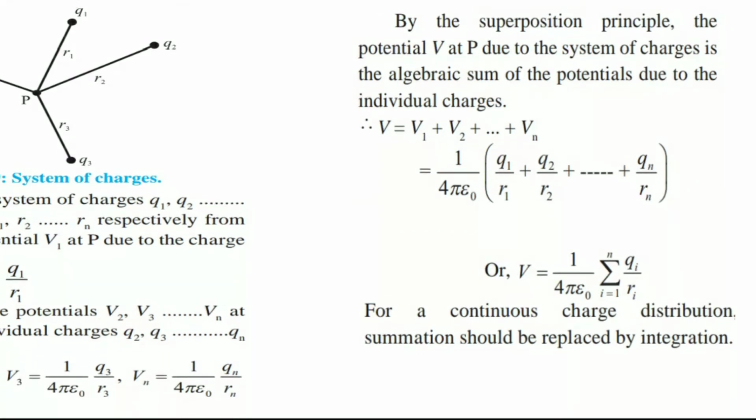So you can write potential V at point P due to system of charges is equal to 1 upon 4 pi epsilon naught summation of i equals 1 to n Qi divided by Ri. For continuous charge distribution, summation should be replaced by integration.